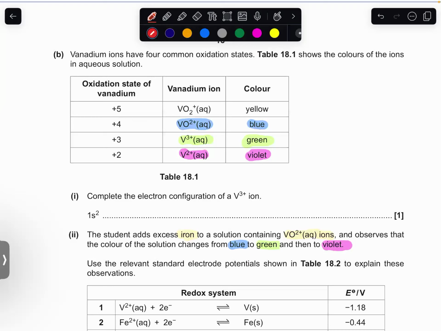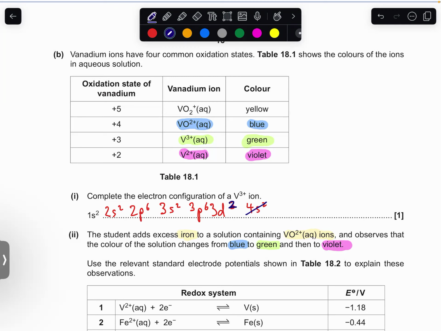So 1s2, 2s2, 2p6, 3s2, 3p6, 4s2, 3d3. That's the vanadium atom. For the vanadium 3+ ion, we need to remove 3 electrons: 1, 2, and the third one will be from here. So it'll be 3d2.